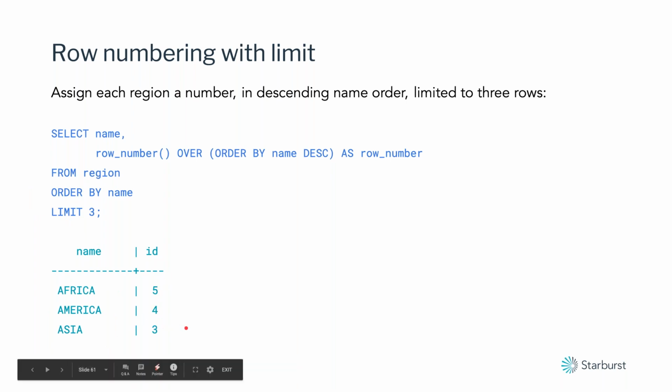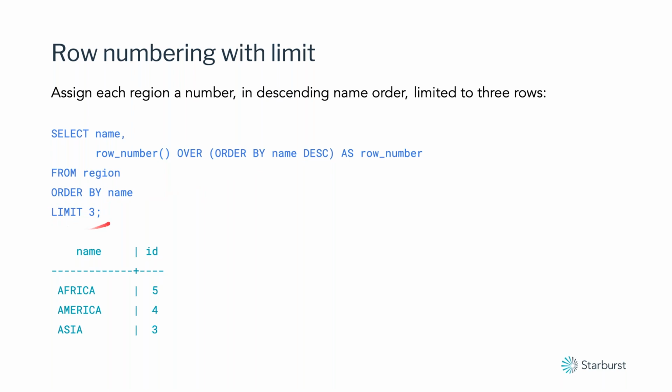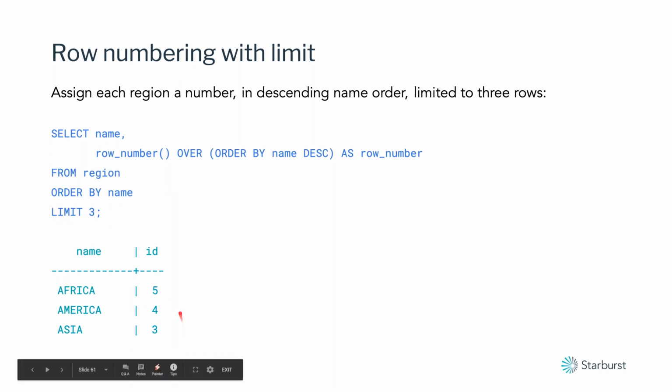We didn't get 1 and 2, even though we know the row number function assigned 1 and 2 first because it always starts at 1. They were dropped by the limit. So the row number function ran over the entire output of selecting from the region table, assigned all the numbers, and then we chopped off the last 3 items in the final output of the query after the row number function ran.